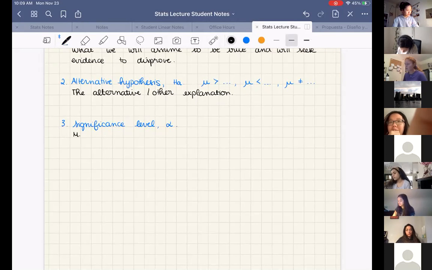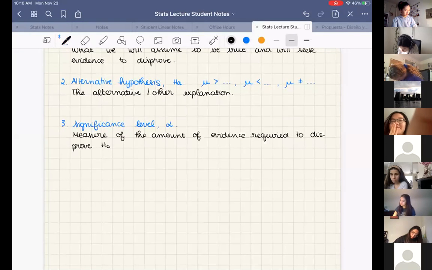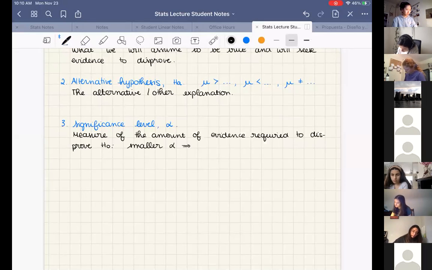So this is a measure of the amount of evidence required to disprove the null hypothesis. And so the smaller alpha is, the more evidence I'm requiring.